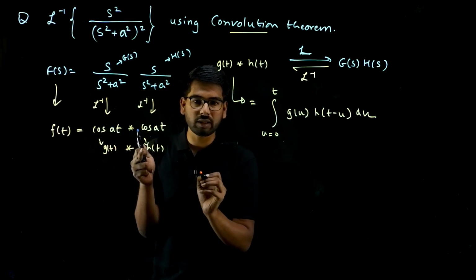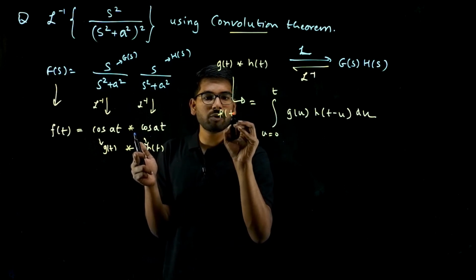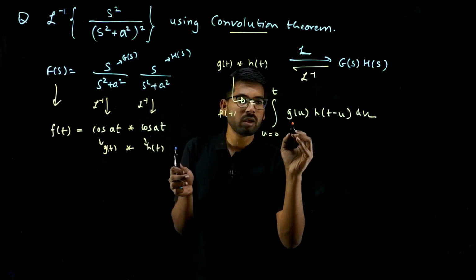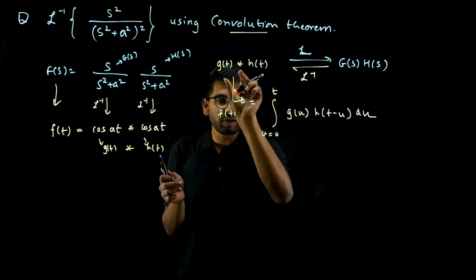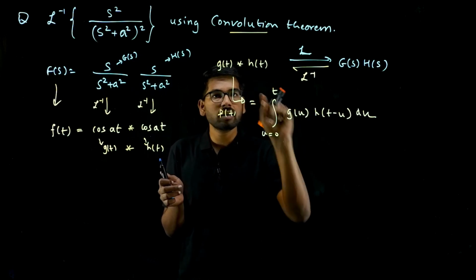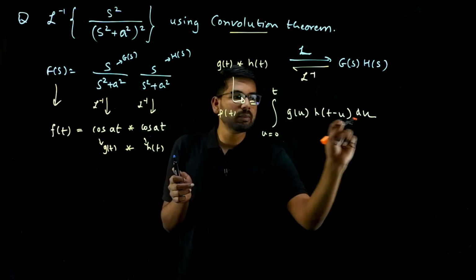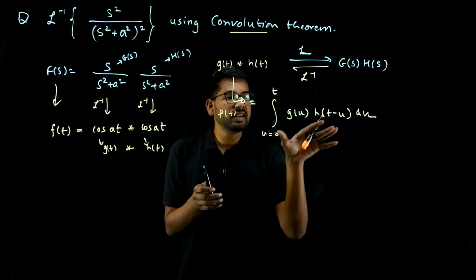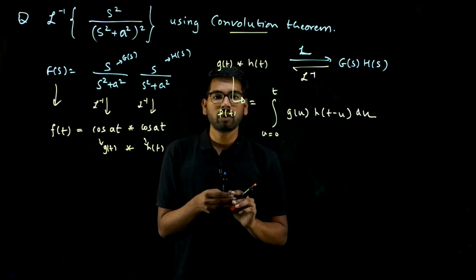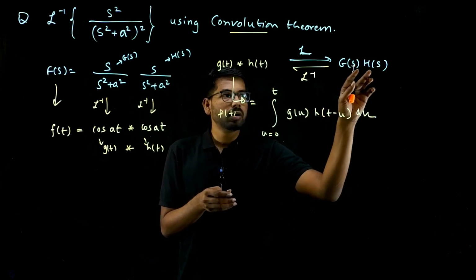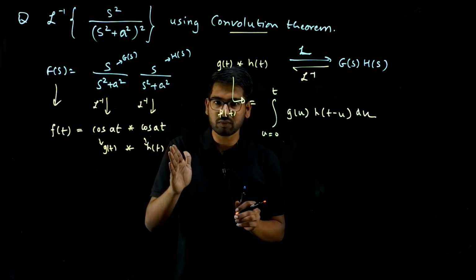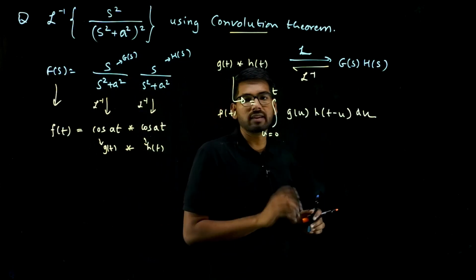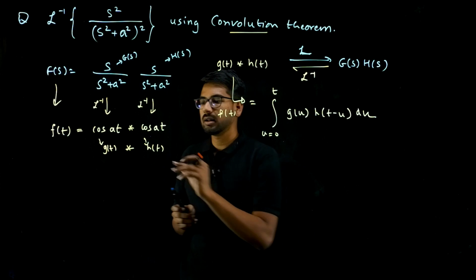Convolution is integration from 0 to t, multiplying these two functions after replacing t with u in one and t with t minus u in the other. If you want to find the inverse Laplace transform of this product, take the individual inverse Laplace transforms and integrate them in this manner.